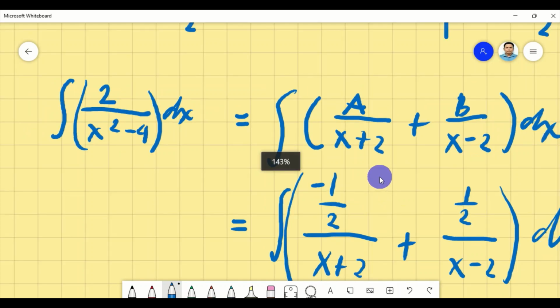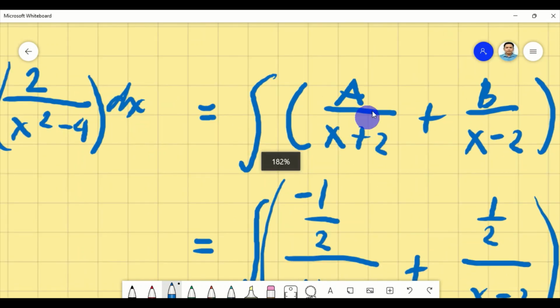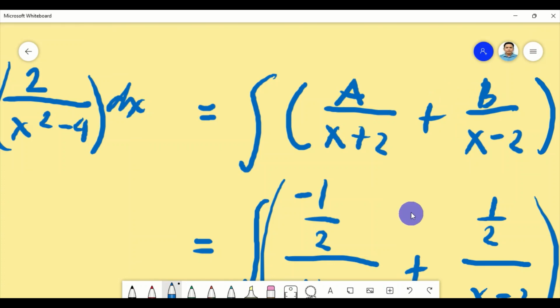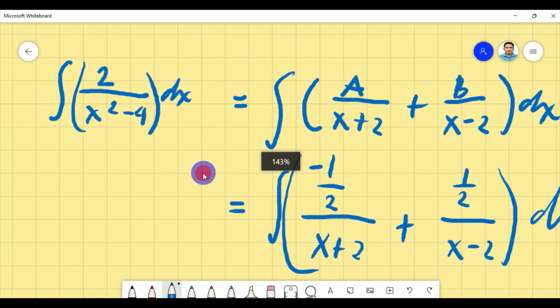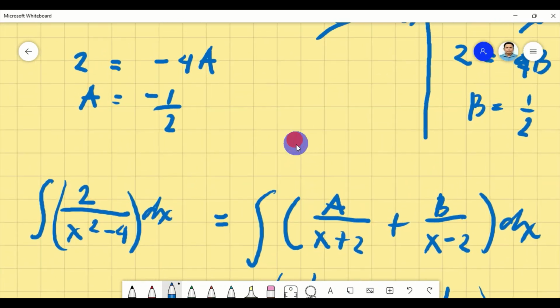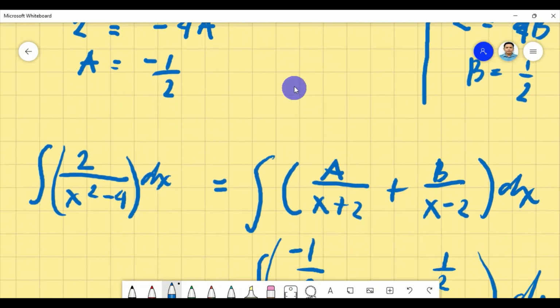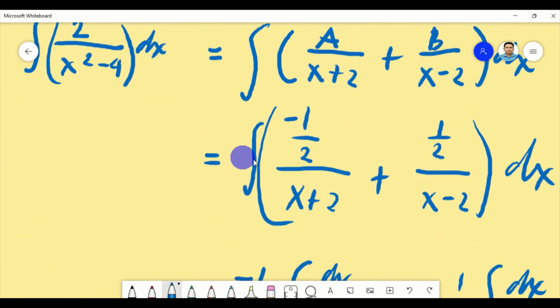We replace a with negative 1 half, and b with positive 1 half. Those are the values that we have earlier.